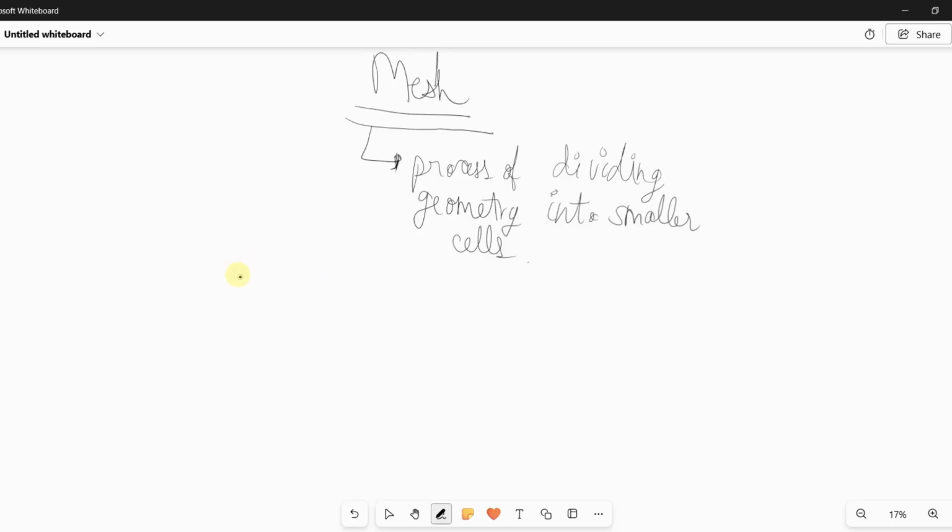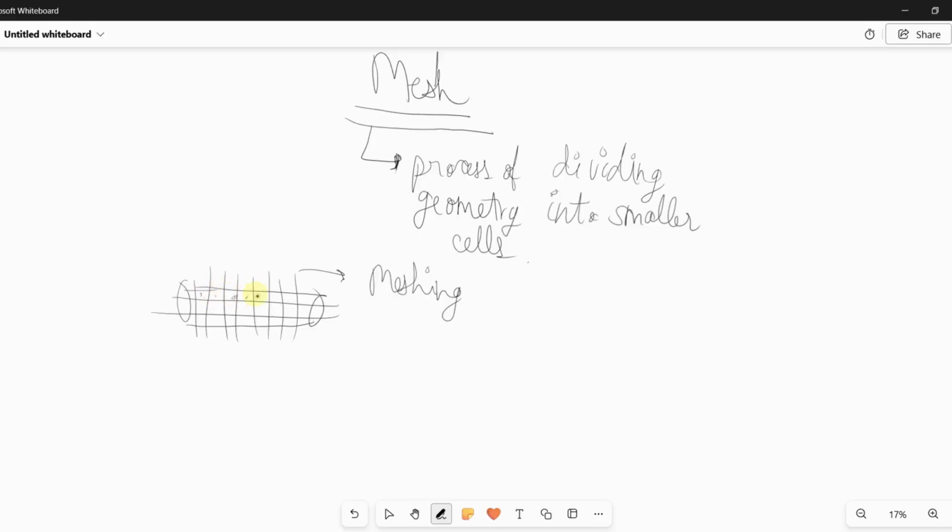As I was talking about before, let's say the fluid flow example, where we were dividing it into multiple control volumes, or cells. This process is called meshing. Okay, if that makes sense. So you have divided into small meshes.